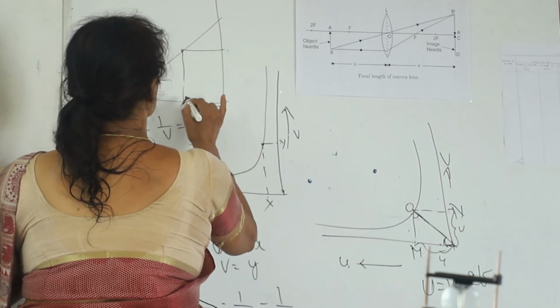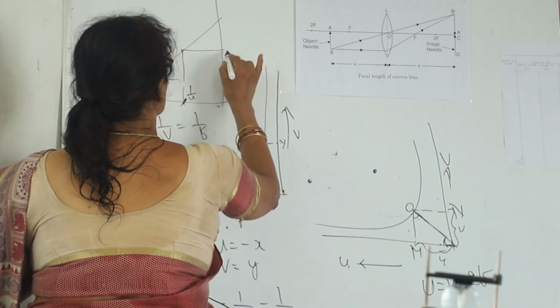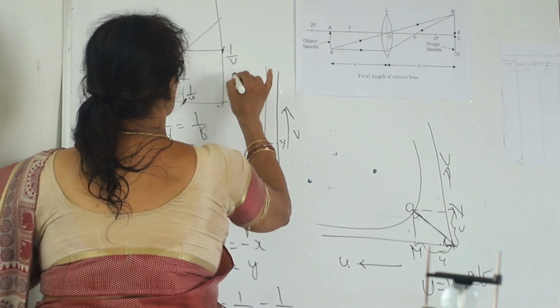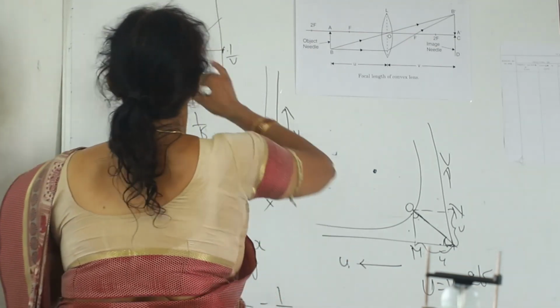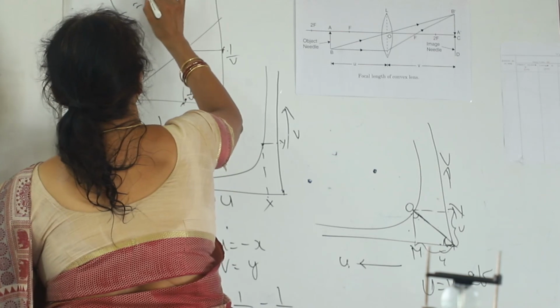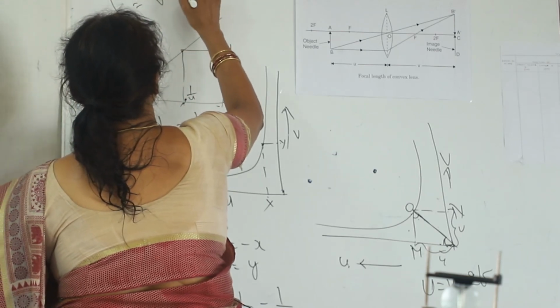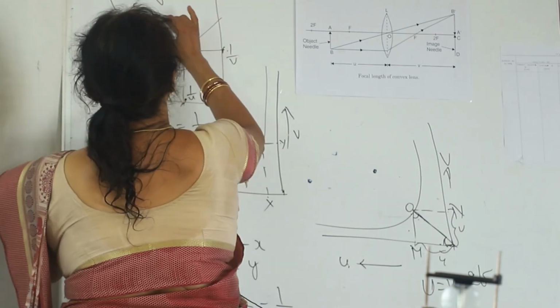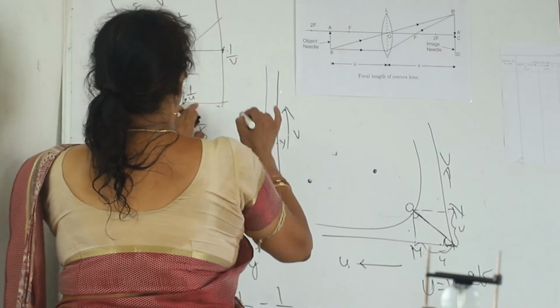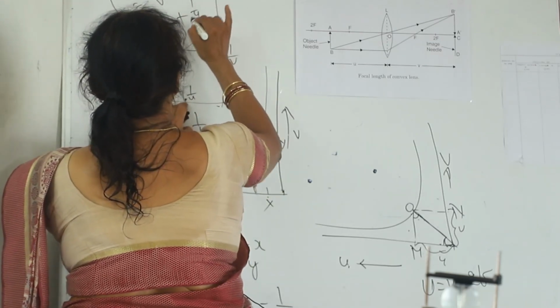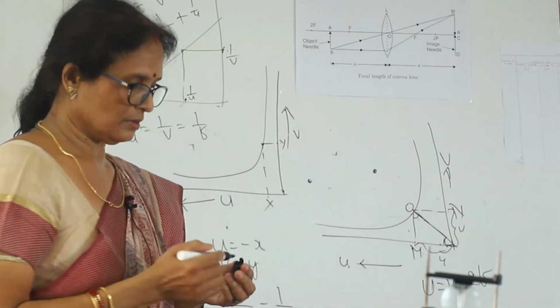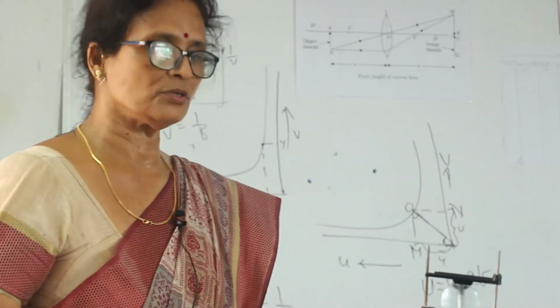So this gives you 1 by u, this gives you 1 by v. Substitute these values in the formula. 1 by f is equal to 1 by v minus 1 by u. Taking the sign convention, 1 by v is positive, but as 1 by u is negative, plus 1 by u. Then calculate f. Choose either way and find it out.